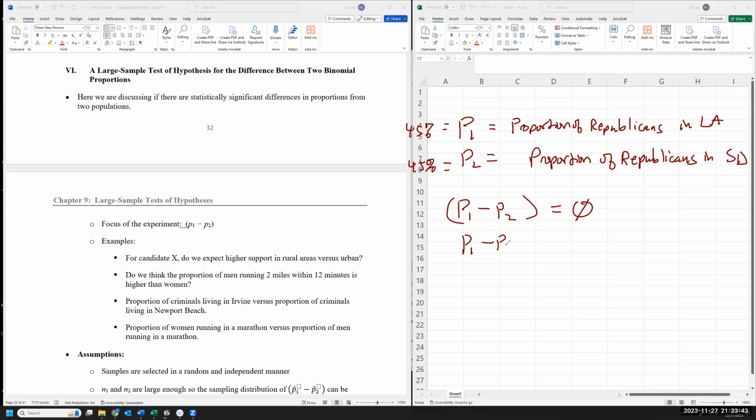If P1 minus P2 is greater than 0, that means LA has a larger fraction of its population being Republicans compared to San Diego. And obviously, if it's less than 0, it's the other way around: San Diego has more Republicans as a fraction of its population compared to Los Angeles. So that's the kind of test we're going to do. All right, let's clear this and move on.